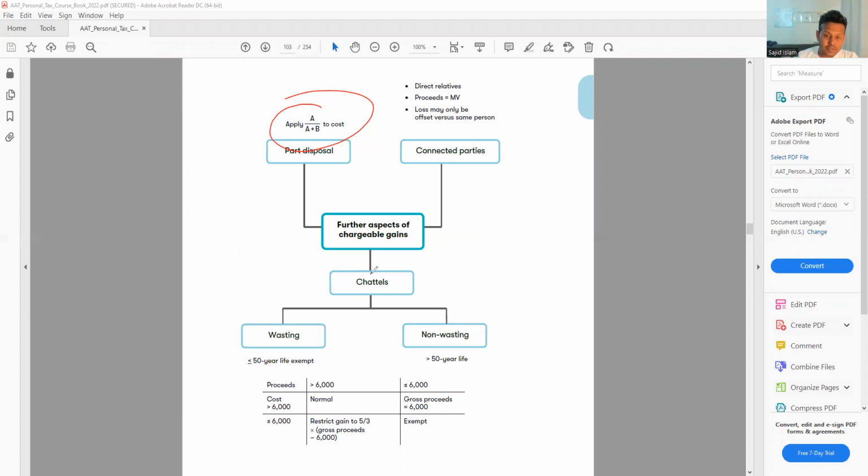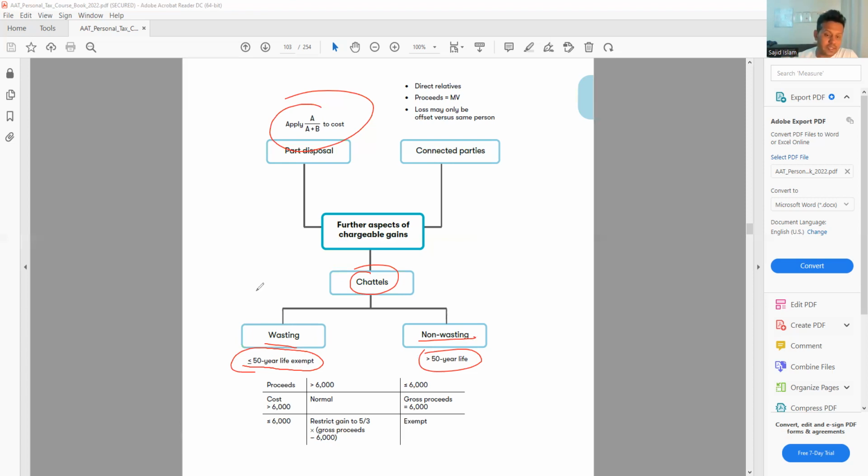Then we have chattels. We have 2 types of chattel: one is wasting chattel, one is non-wasting chattel. For wasting chattel, if the life is less than 50 years, it is exempt. And if you can use this asset for more than 50 years, then you have to calculate the capital gains tax.